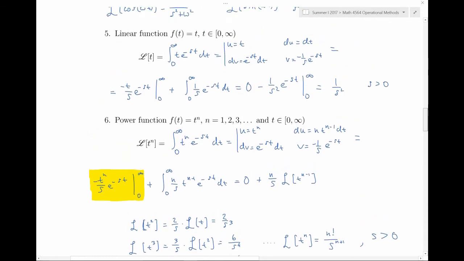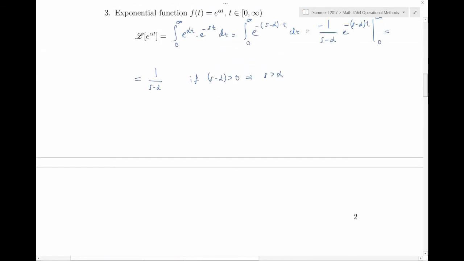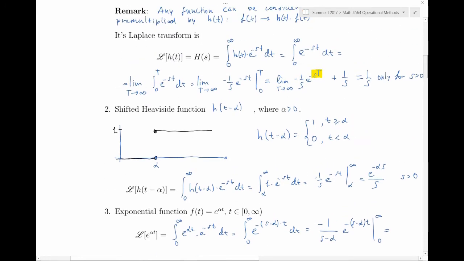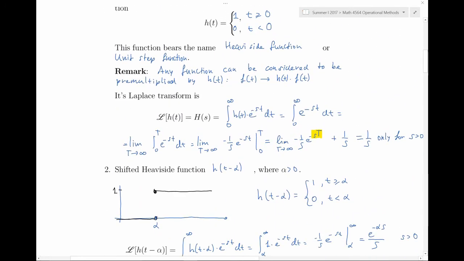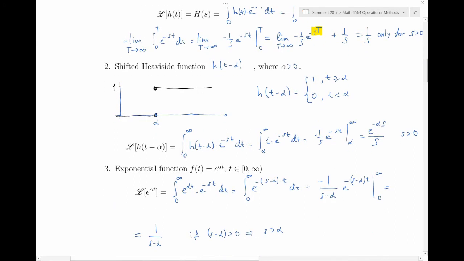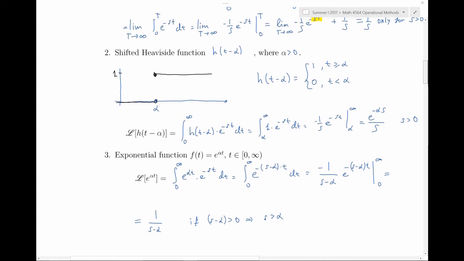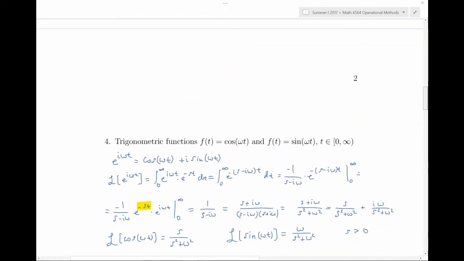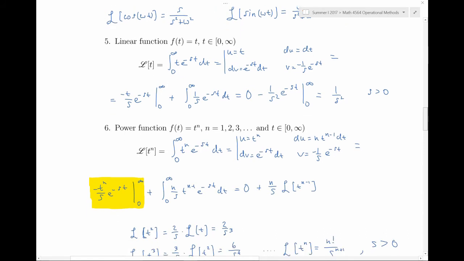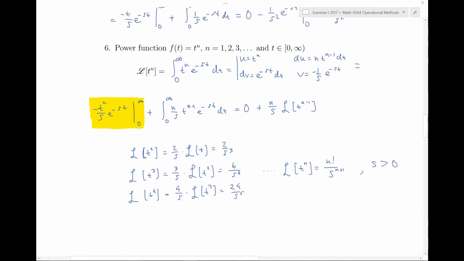So we've built ourselves quite a few formulas. We have the Laplace transform of a simple function that is just a unit step function. We have the Laplace transform of a shifted Heaviside function. We have the exponential function, we have trigonometric functions, and we also have polynomials.